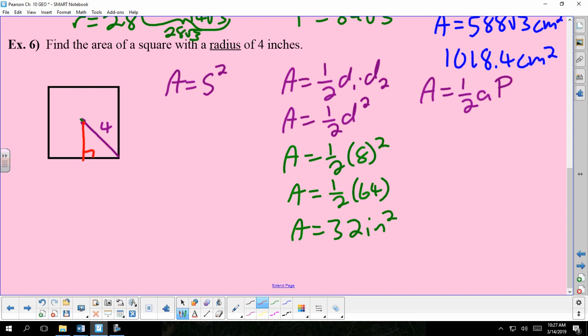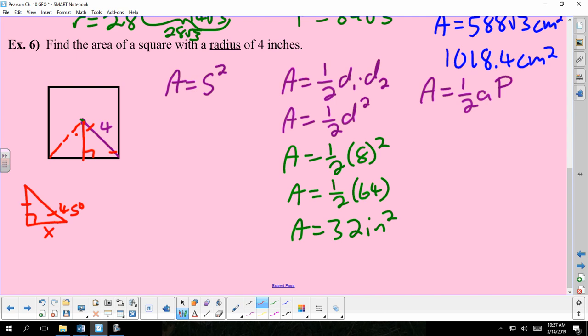The type of triangle I just created there, though, is another special right triangle. That's our 45, 45, 90 triangle. So this right here is 90 degrees. 1/2 of 90 is 45. That's 45. So this is an isosceles right triangle.